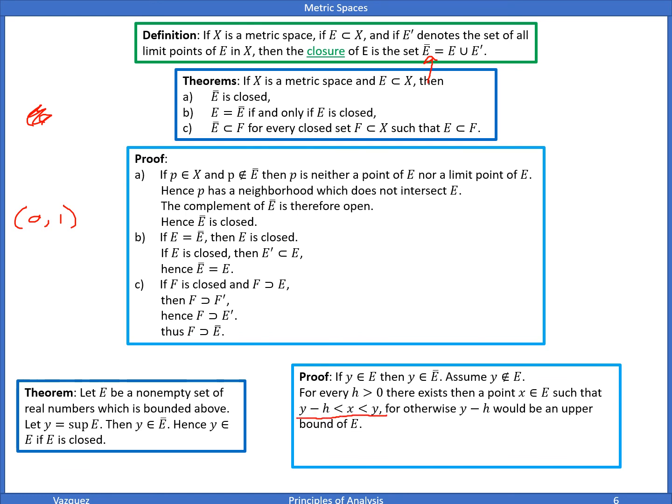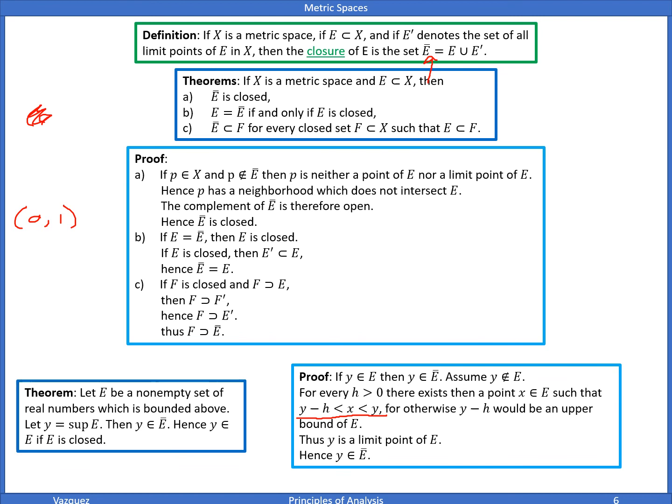Well, because y minus h would be an upper bound of E if that inequality did not hold. Therefore y must be a limit point of E. Therefore y is in the closure of E.